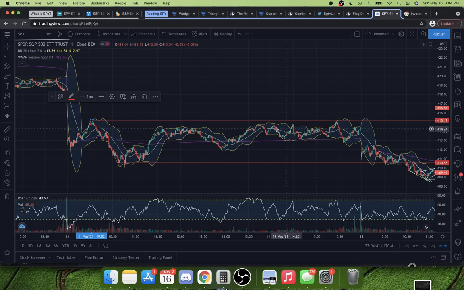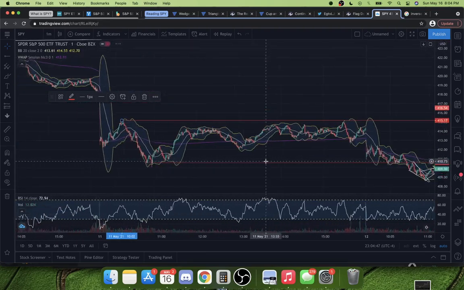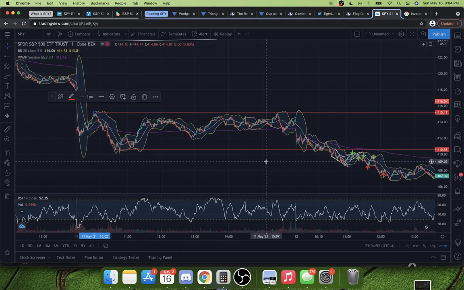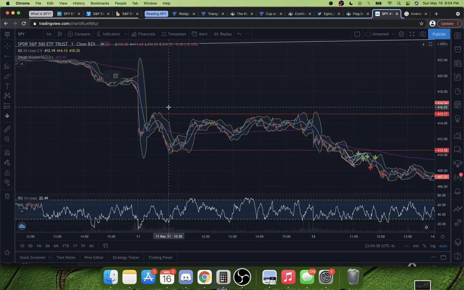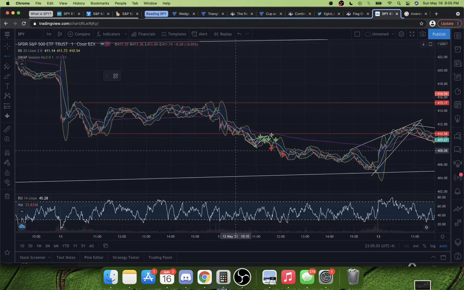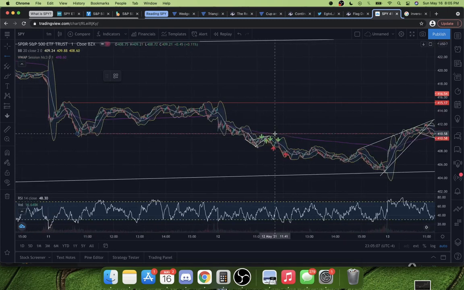Basically that's a rectangle. Like I said, that's really just support and resistance. Okay, and you can see that once it breaks that support level, it begins downtrending.